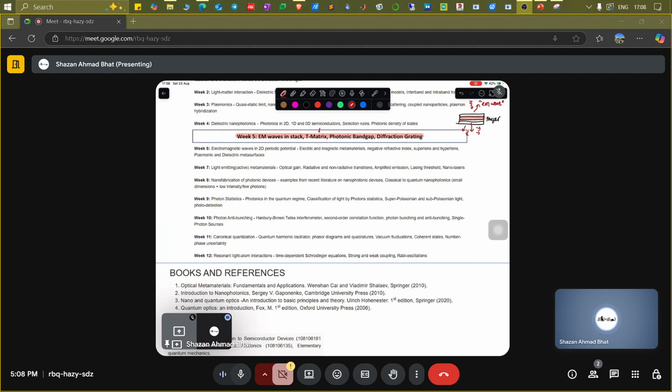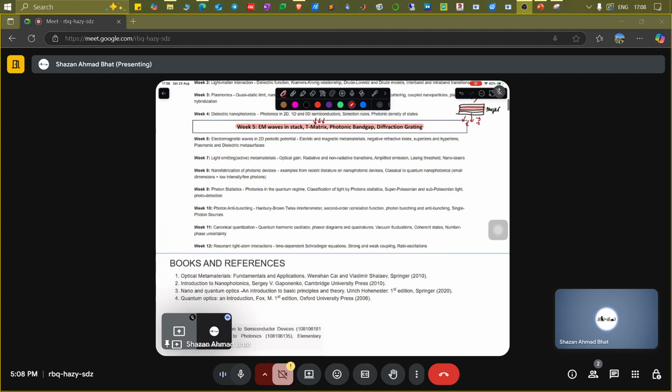Then we are going to see a very cool trick called the T matrix in order to analyze the reflection and transmission coefficients. Let's say you have a structure with different layers. The T matrix is a mathematical, matrix approach where you can find the reflection and transmission coefficients at this point and at this point of the interface. Similarly, here and here, and so on.